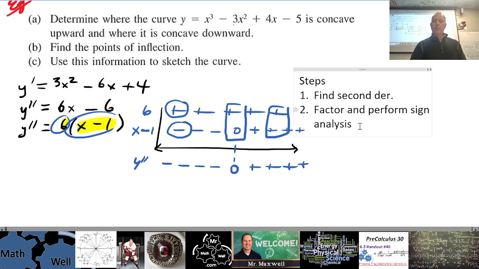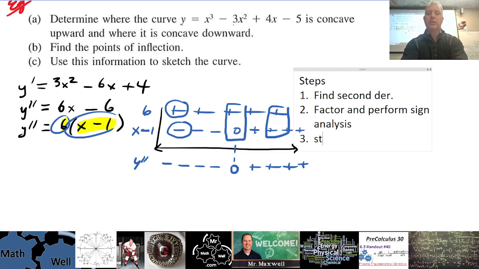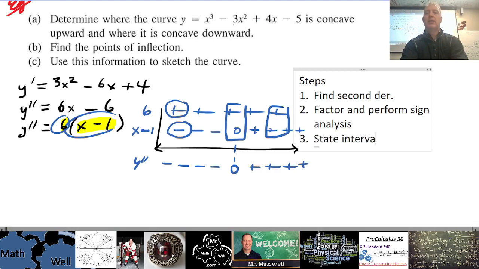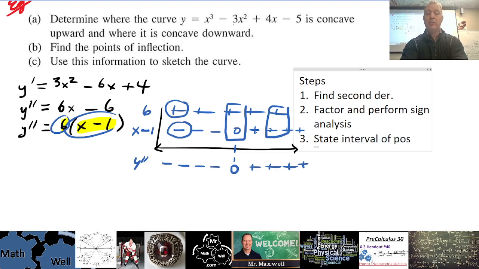Now we can determine. Step 3, perform sign analysis, state the intervals of positive y double prime. That's concave up.